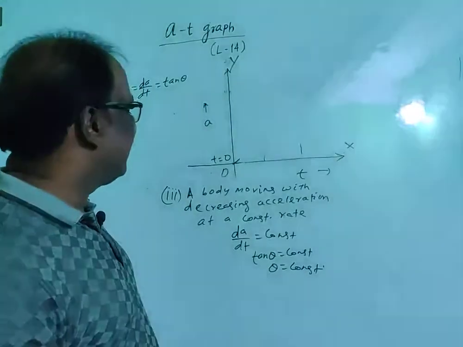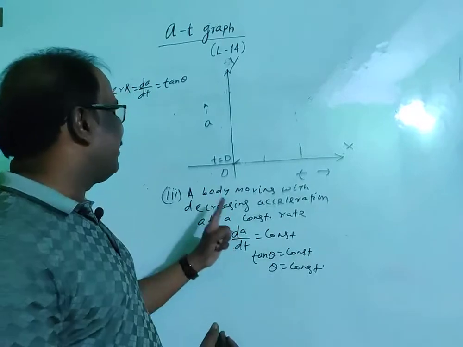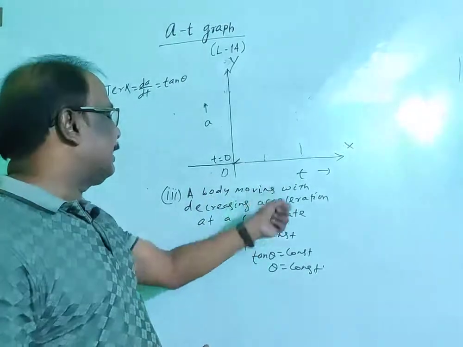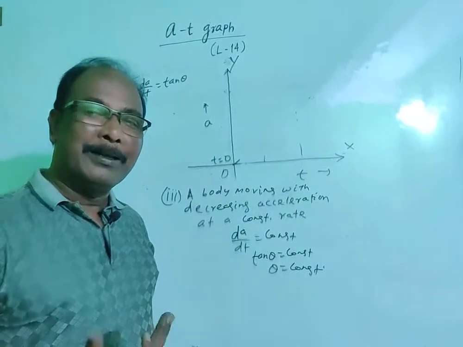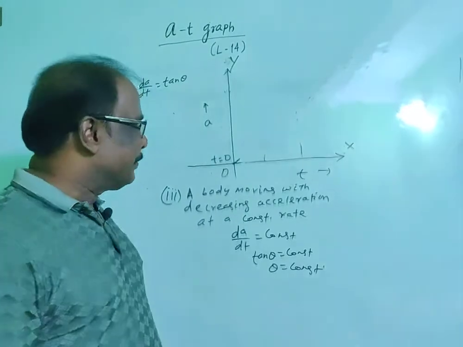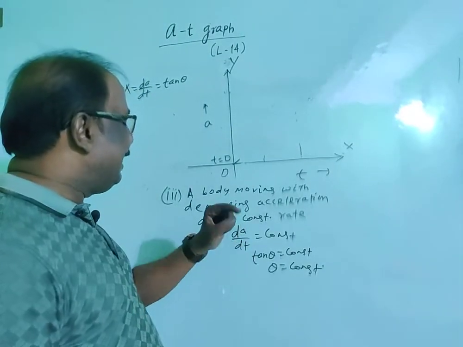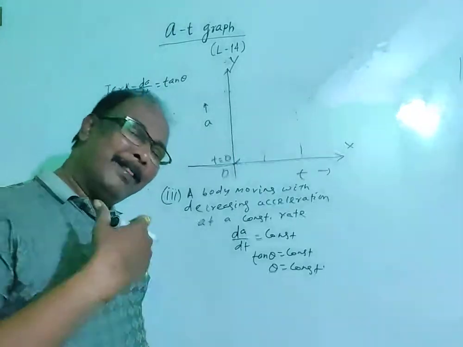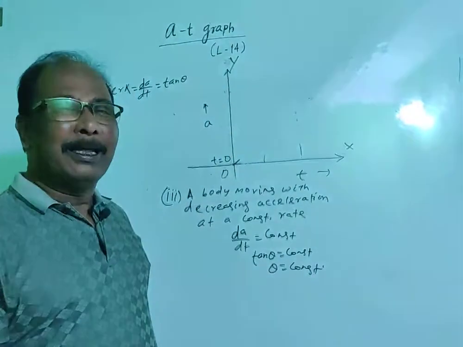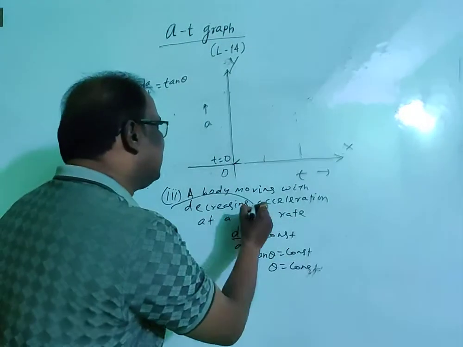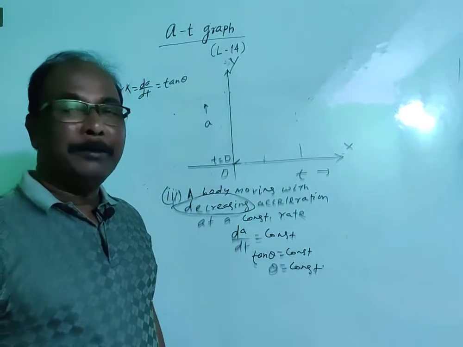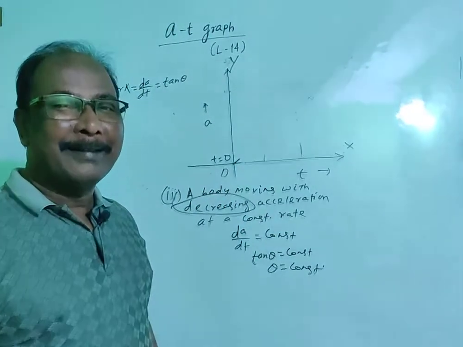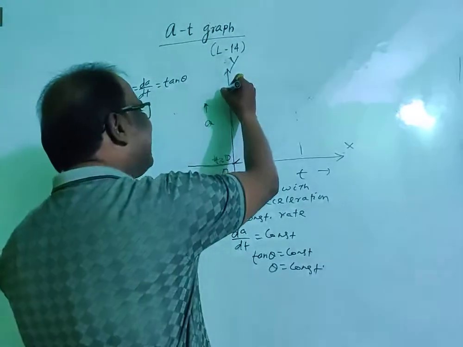The rate of change of acceleration is dA by dt, and the body is moving with decreasing acceleration at a constant rate. So here dA by dt is constant, tan theta is constant, again theta is constant, but acceleration is decreasing at a constant rate. So how can we represent it?